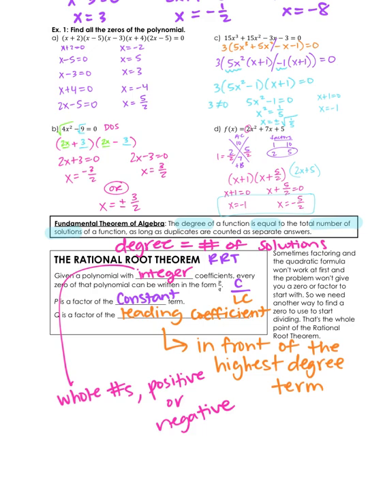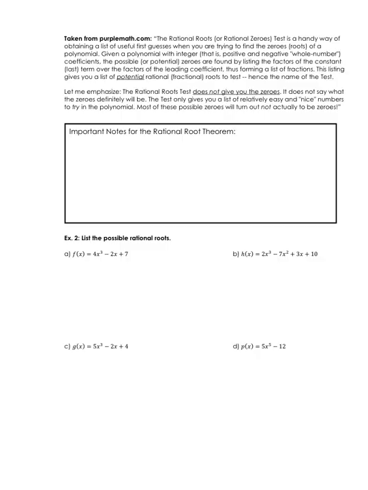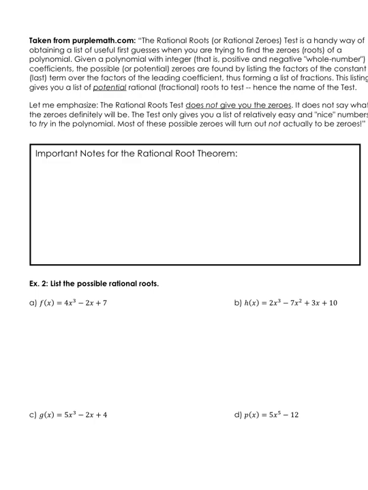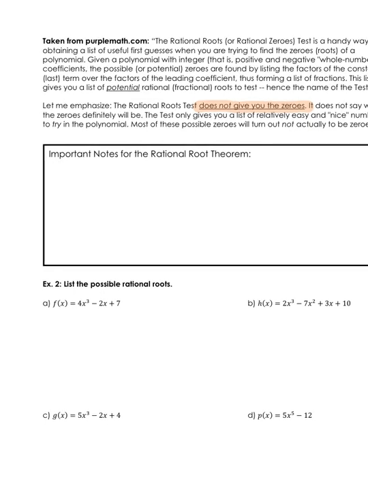All right, so we're going to go to the next page. There's going to be a whole bunch of words. Once again, I'm shortening it down for you. All you need to know is that the rational root test does not give you zeros. What it does is it gives you possible zeros. So it's really just narrowing down the possible answers for us.